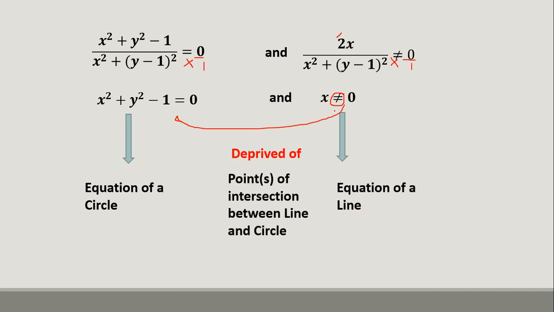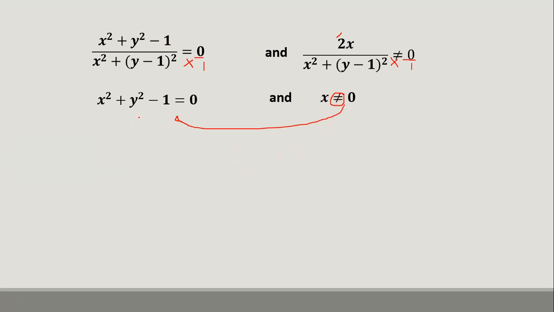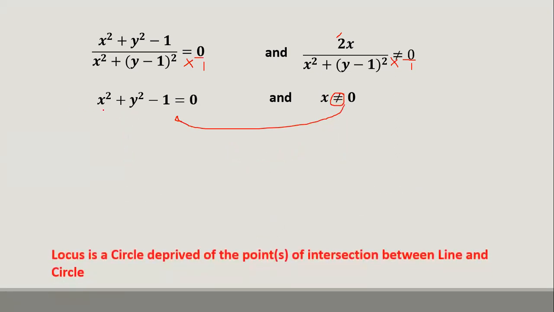So this line, x equals 0, is forbidden to cut the circle. So we take the whole circle except the points of intersection between the following line and the following circle. So the next step is finding the points of intersection between the line and the circle. Locus of the point M is a circle deprived of the points of intersection between the line x equals 0 and the following circle.